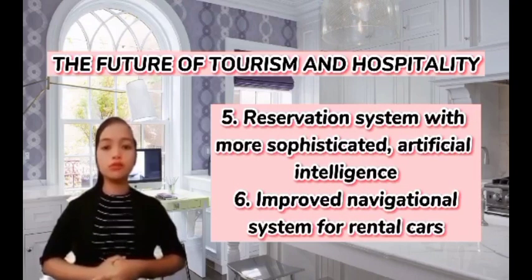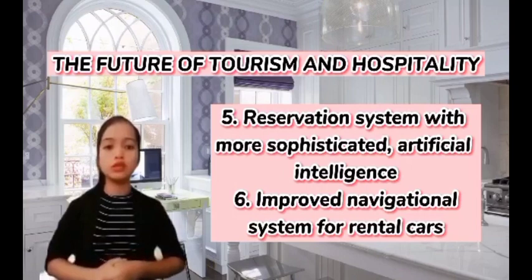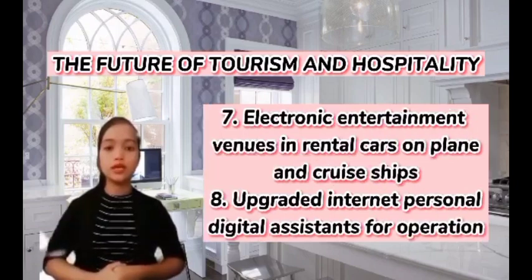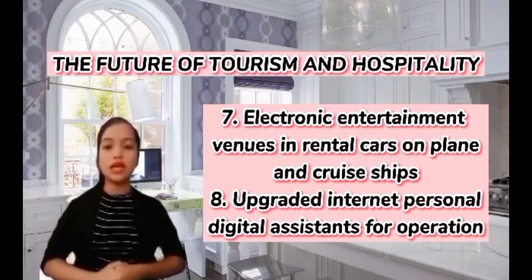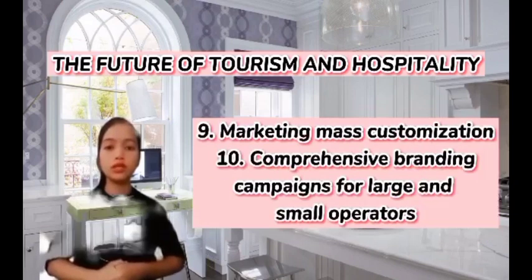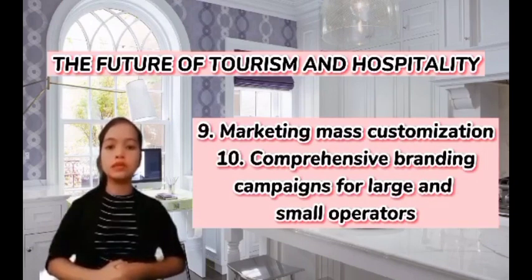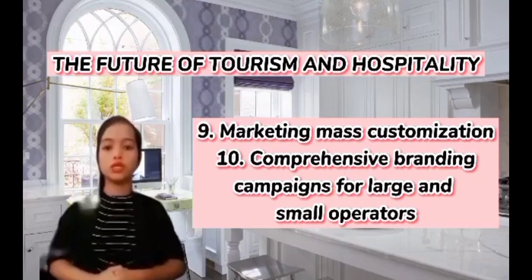Reservation systems with more sophisticated voice-activated artificial intelligence. 6. Improved navigational systems for rental cars. 7. Electronic entertainment venues in rental cars, planes, and cruise ships. 8. Upgraded internet personal digital assistants for operation. 9. Marketing mass customization. 10. Comprehensive branding campaign for large and small operations.